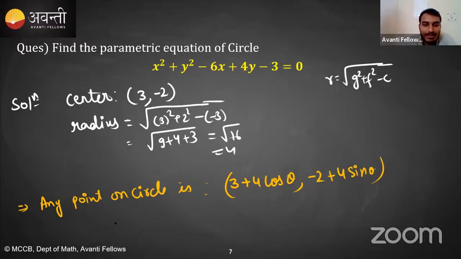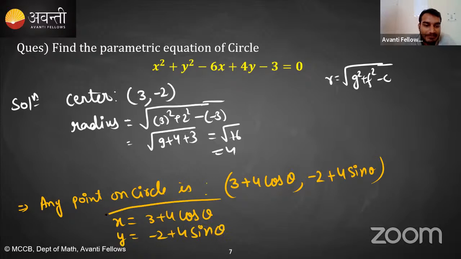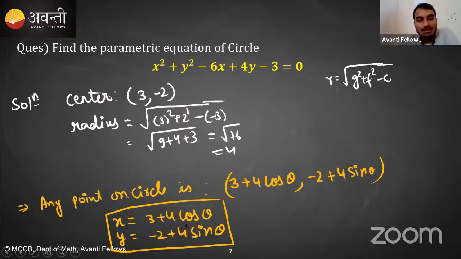So the parametric equation is x can be written as 3 plus 4 cos theta and y can be written as minus 2 plus 4 sin theta. That's it. Is that clear, everyone? If you know the radius and center of the circle, then any point of the circle can be written as x equal to h plus a cos theta, y equal to k plus a sin theta. That's all. Is there any doubt in this?